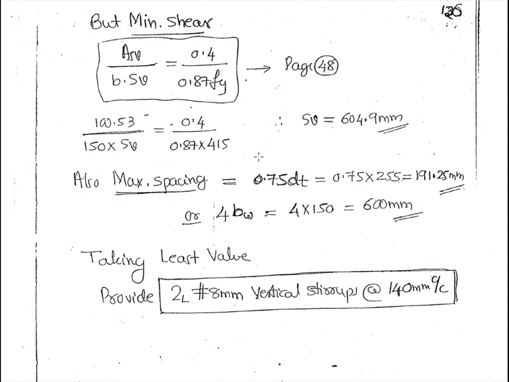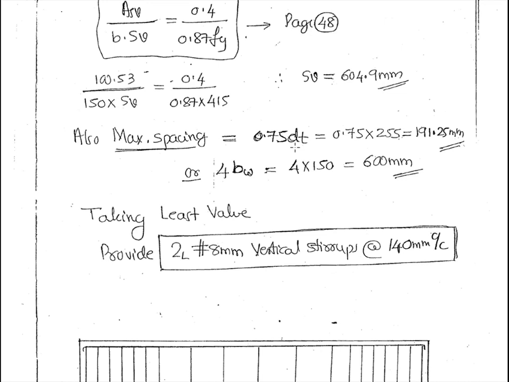After substituting in this formula, we got the SV value as 604.9 mm. Also, maximum spacing 0.75 dt, from the fourth design step, comes to 191.25 mm. The other one, 4 BW, comes to 600 mm.